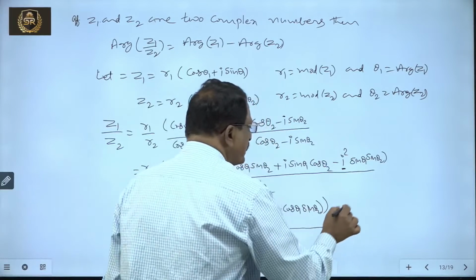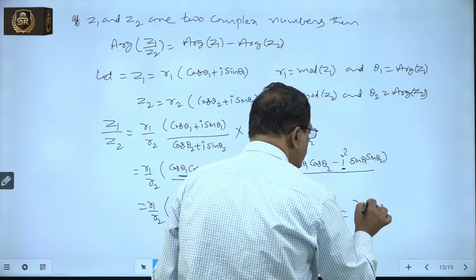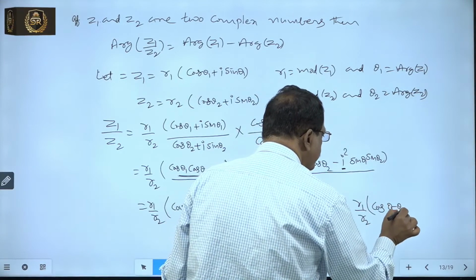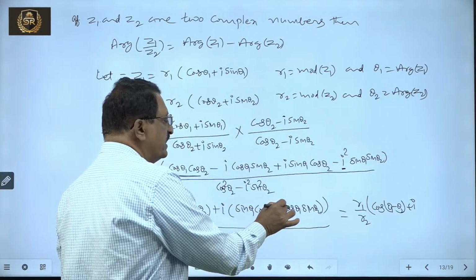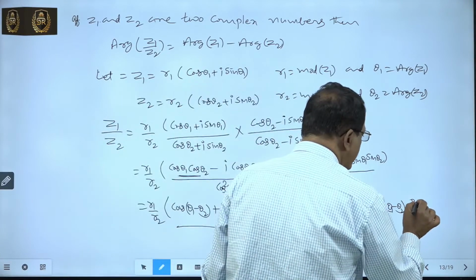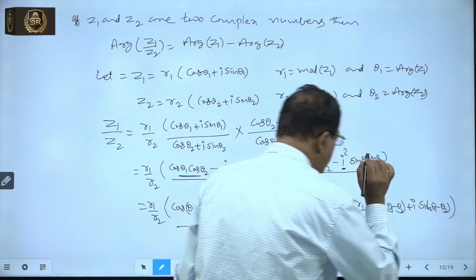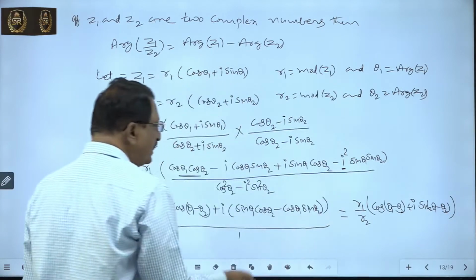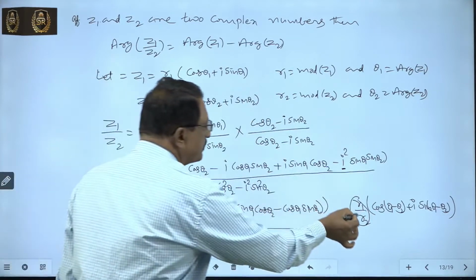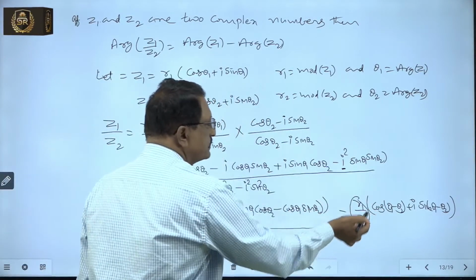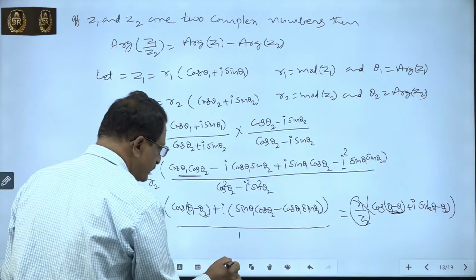That equals R1 by R2 into cos of theta 1 minus theta 2 plus i into sin theta 1 cos theta 2 minus cos theta 1 sin theta 2, that is nothing but sin of theta 1 minus theta 2. Therefore, the modulus of the complex number Z1 by Z2 is R1 by R2 and the argument is theta 1 minus theta 2.